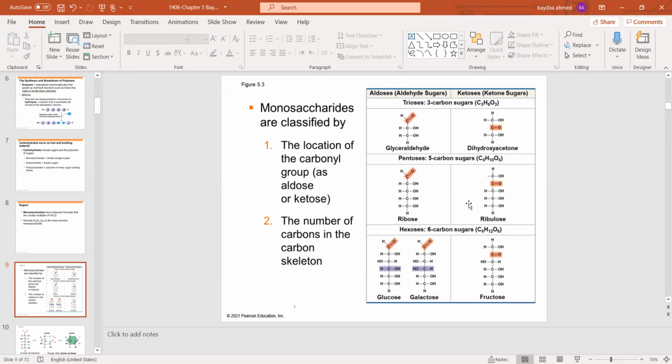Another source of sugar diversity for simple sugars, of course, is in the way their parts are arranged, especially around asymmetric carbons. Recall that an asymmetric carbon is a carbon attached to 4 different atoms or groups of atoms.